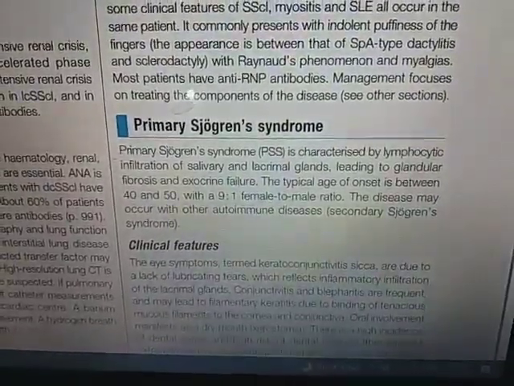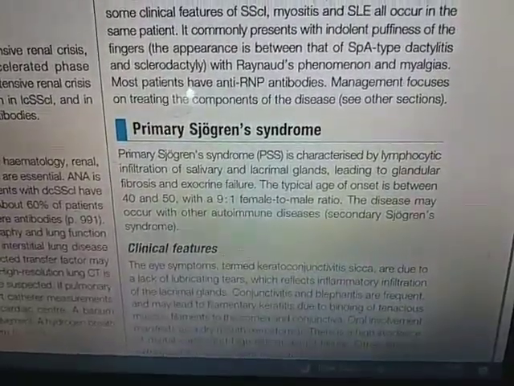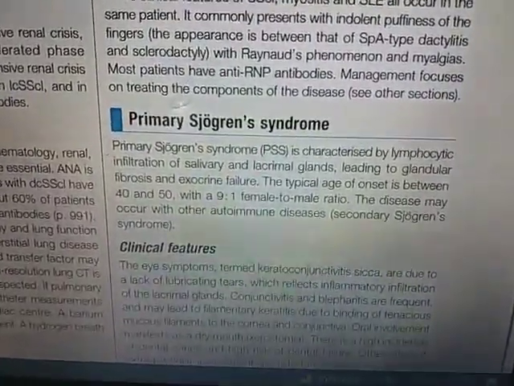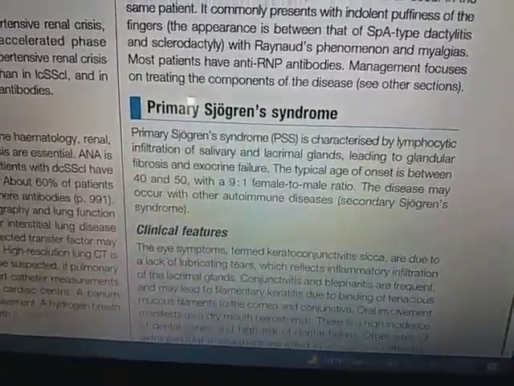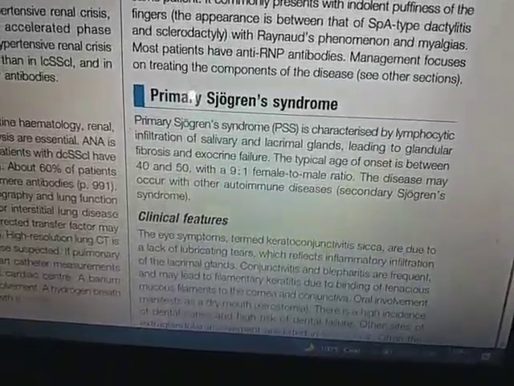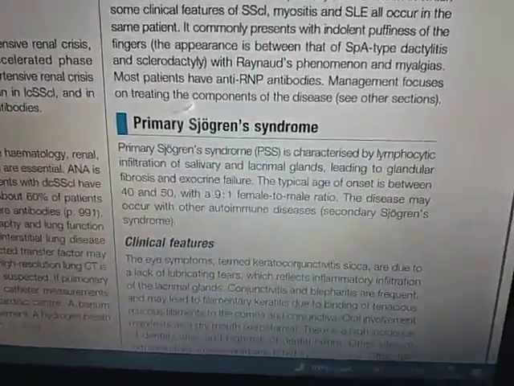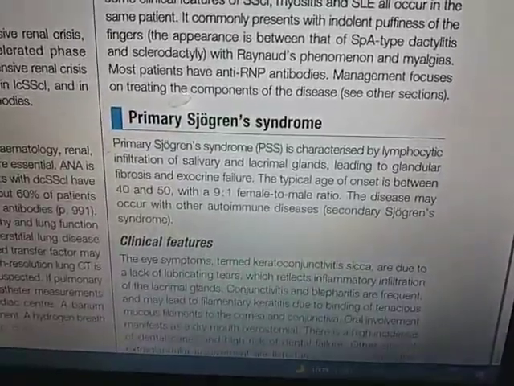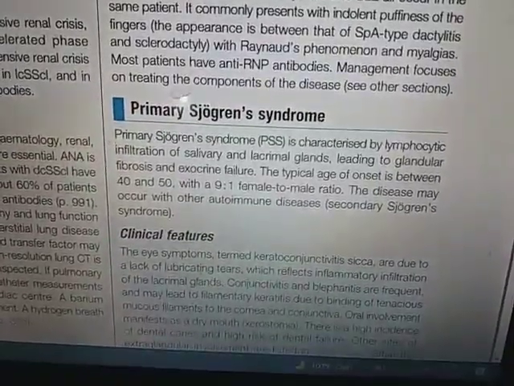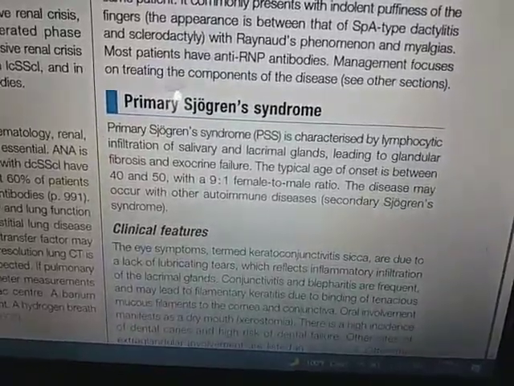It is an autoimmune disorder of unknown cause, characterized by lymphocytic infiltration of salivary and lacrimal glands and other exocrine glands. Female to male is 9 to 1. Typical age of onset is 40 to 50, 40 إلى 50 سنة.